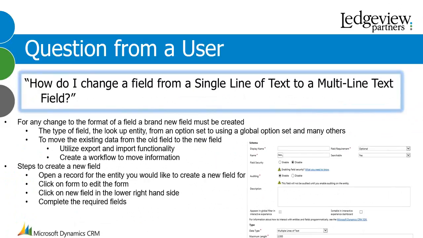Another option is to do an on-demand workflow that will simply move the data from one field to the other. Those are the two best ways to create a new field and, most importantly, not lose the data. Then you'll just go back in and remove the old single line of text field.